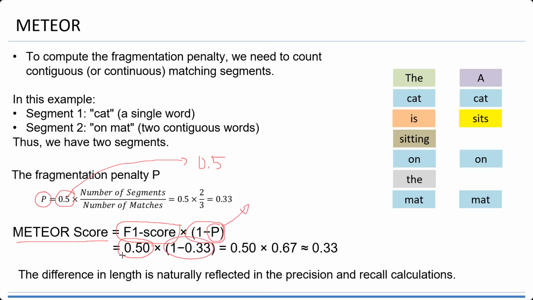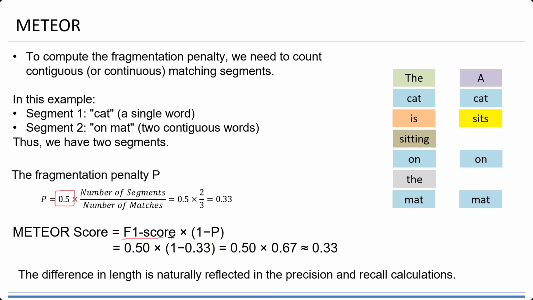If this one is very low, then the meteor score will be very low, and this makes the penalty a kind of big penalty and lowers the meteor score. That's why we will do some kind of weighting with 0.5.